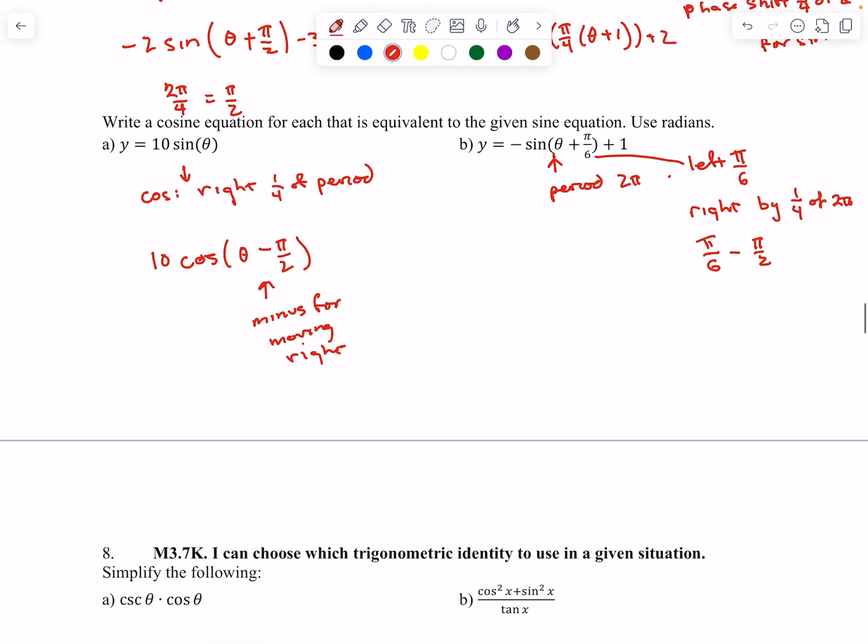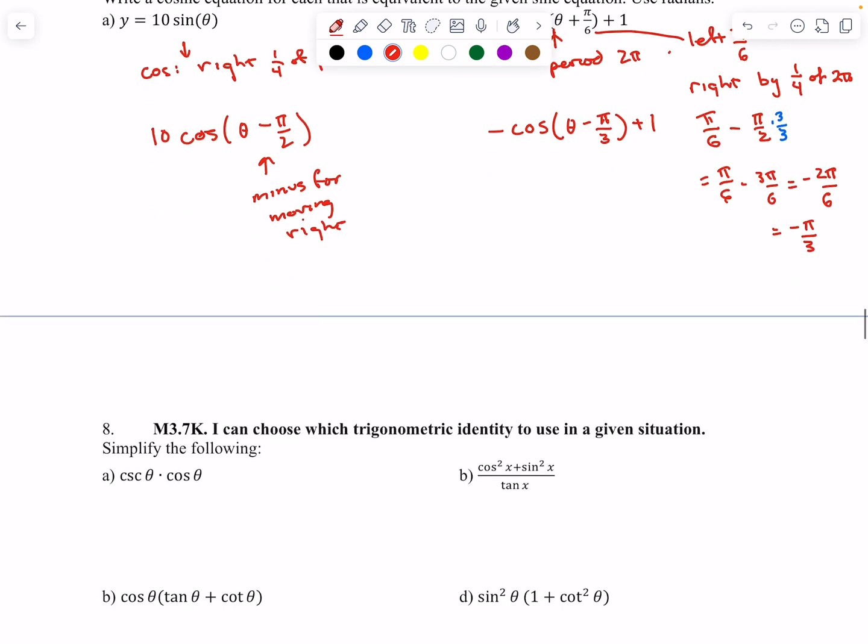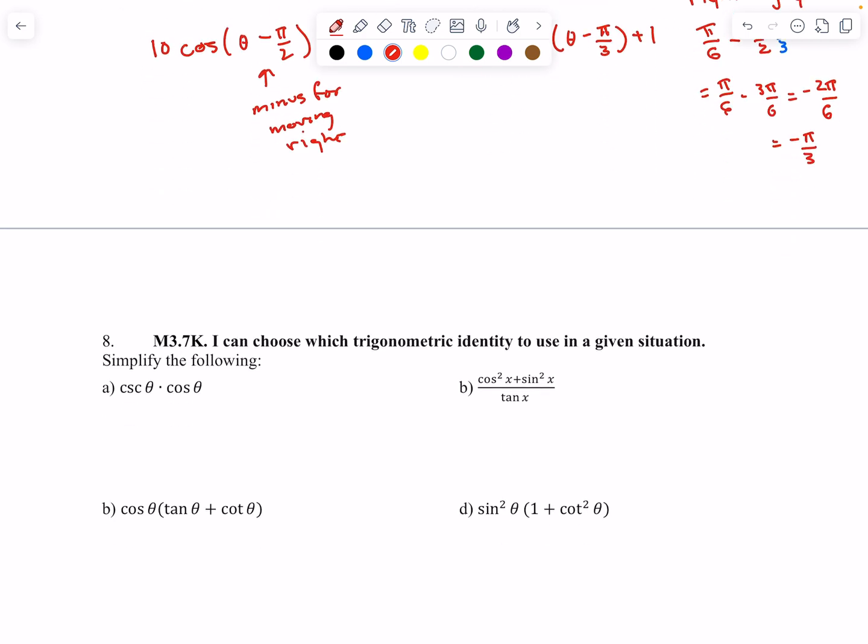Common denominators. We have negative cosine, theta minus pi over 3. And that should work. Try it, graph it.